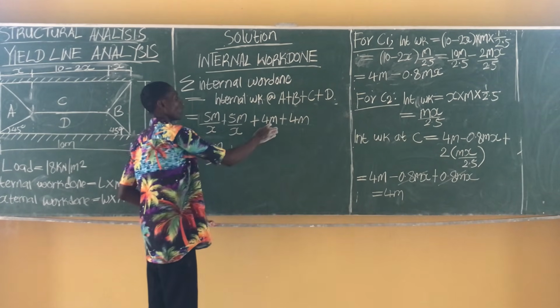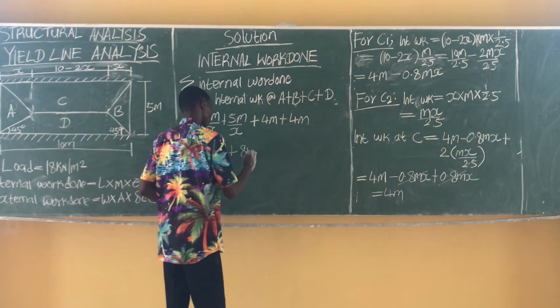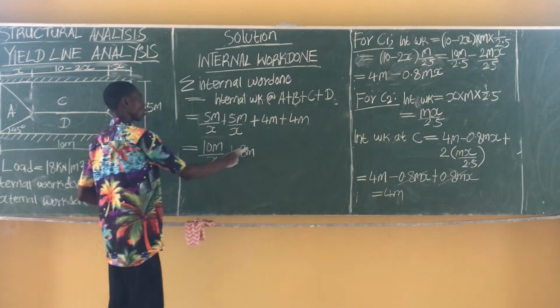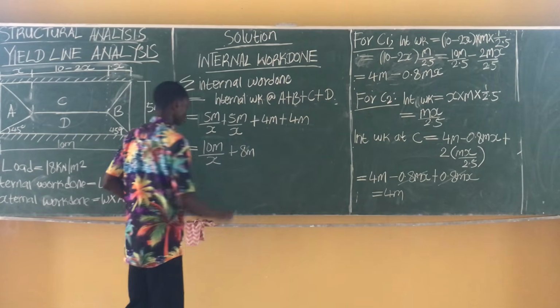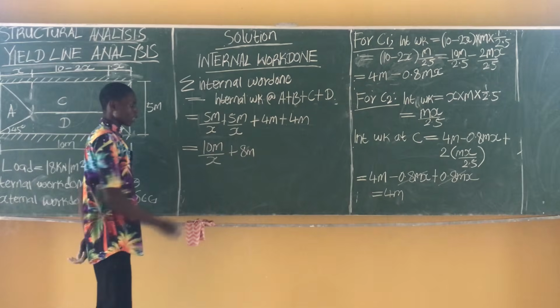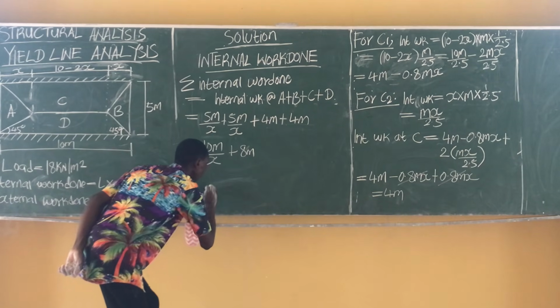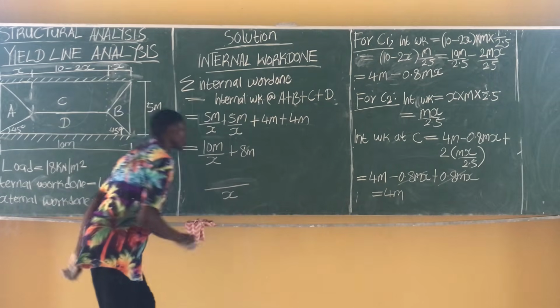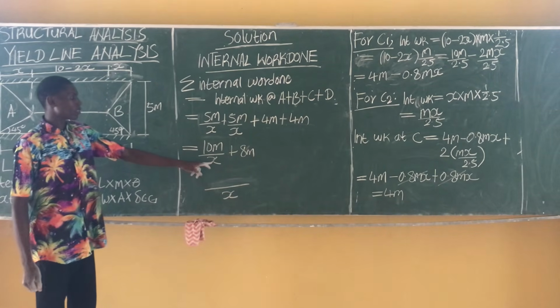Plus 4m plus 4m is equal to 8m. So at this point, we simply take an LCM. So LCM will be x.